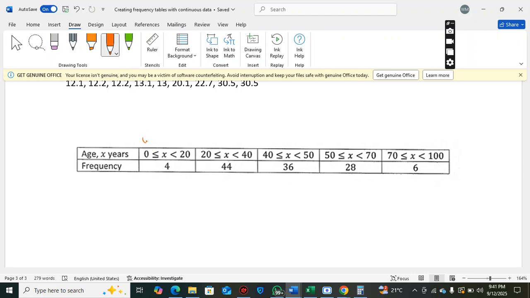So for our first class interval, it's from 0 to 19. Then the next class interval is from 20 to 39.